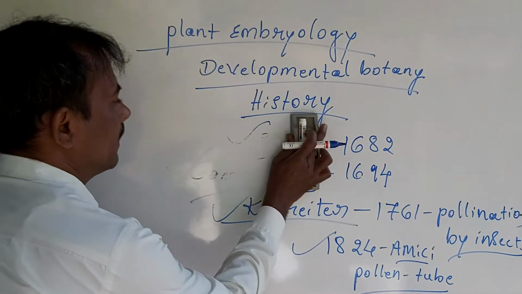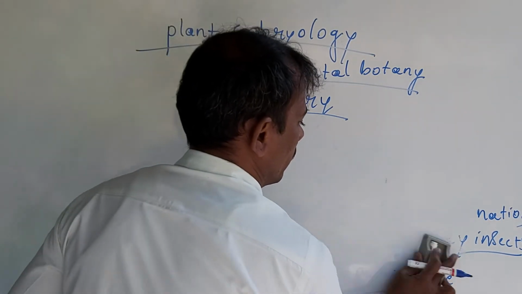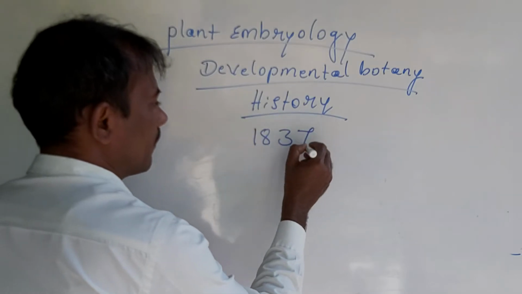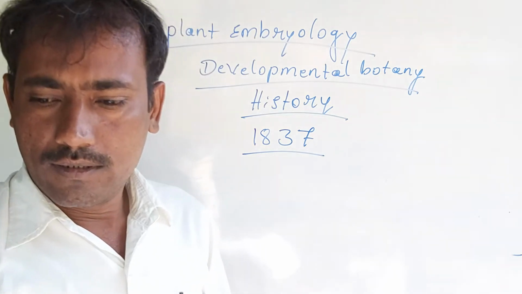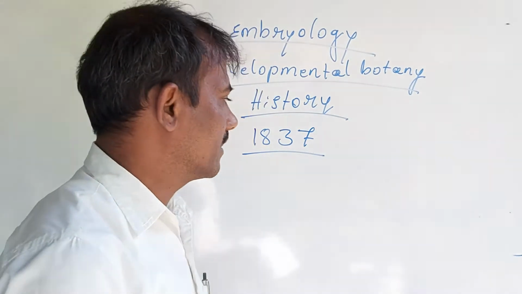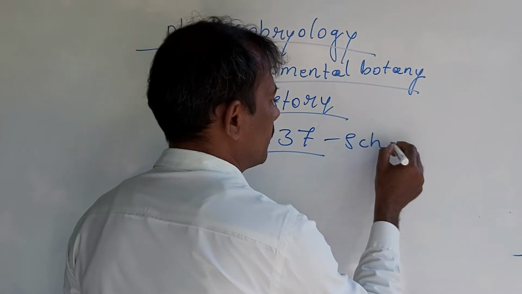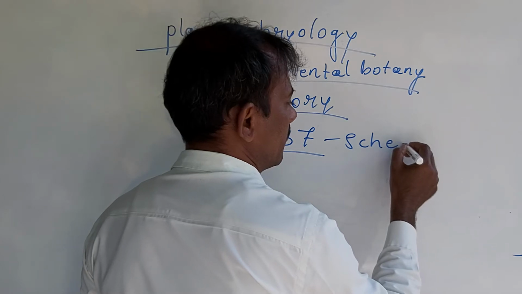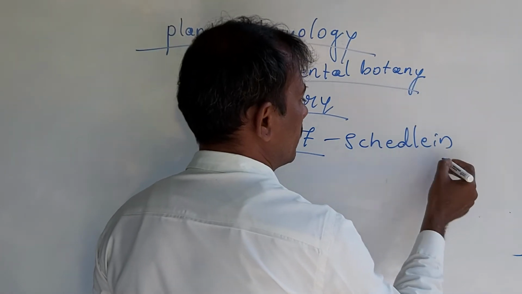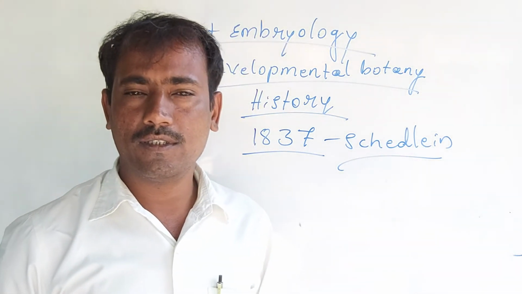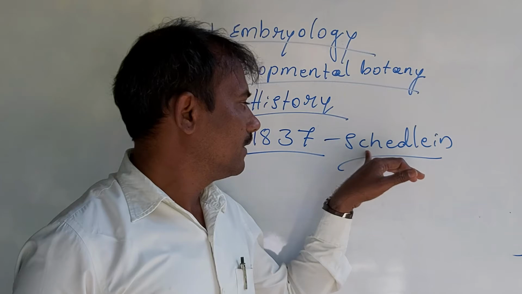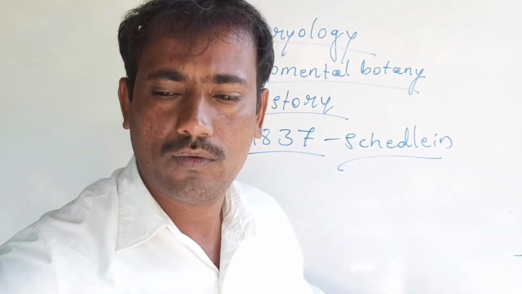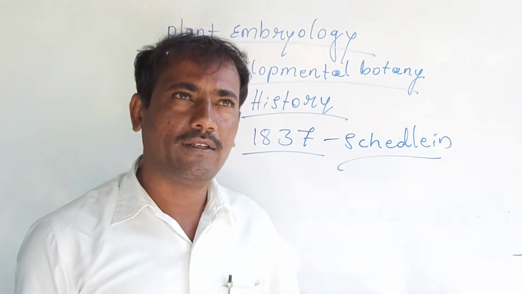In the year 1837, it was Schleiden, S-C-H-L-E-I-D-E-N, who proposed a theory.